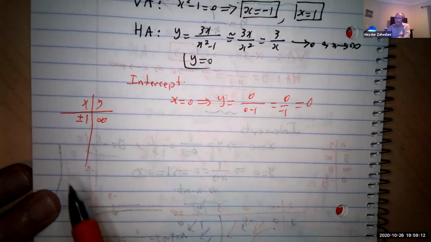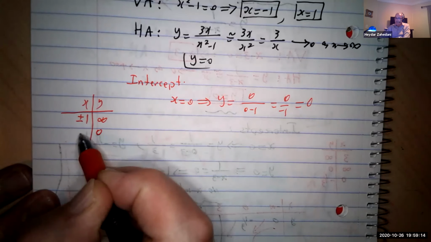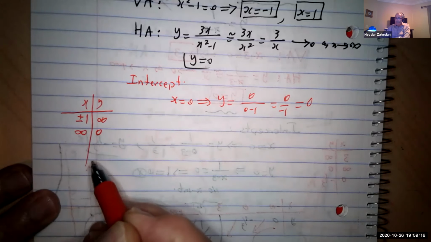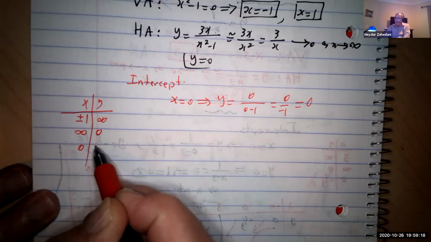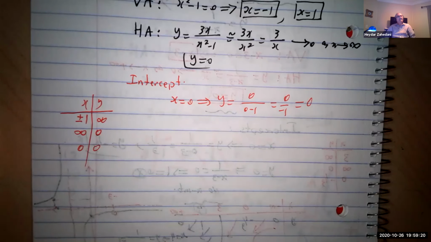And for the y, we get 0, and that was the asymptote. And at the same time, we get the (0, 0) here. That's fine. So this means there is an intersection between the graph and the asymptote at (0, 0), and that's fine. So if you preview it, you find out that you need more information to be able to graph it.